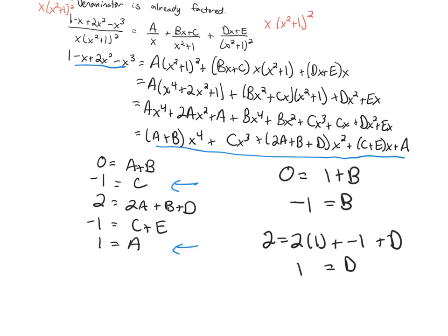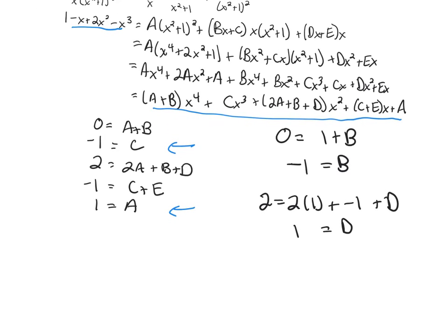Okay. What haven't we solved for so far? E, yep. So you're gonna take the fourth equation, which we haven't used yet: -1 equals C, which was -1, plus E. E is 0.